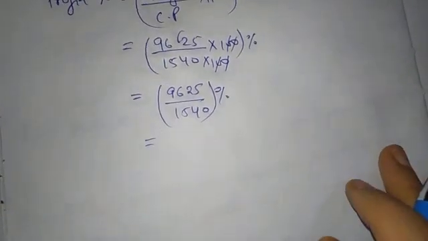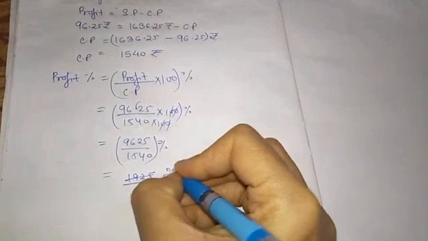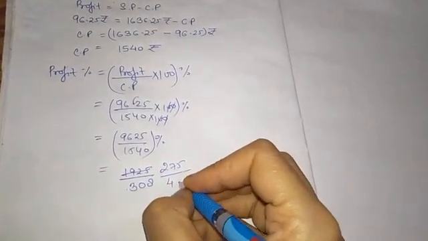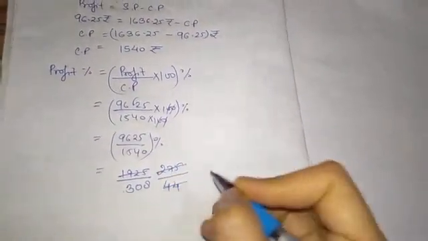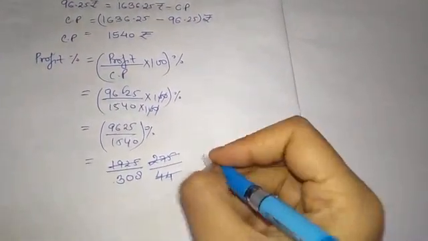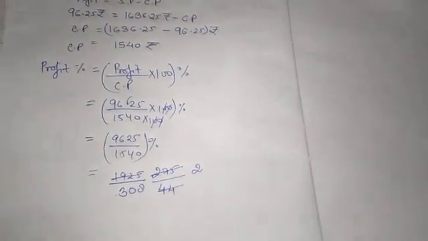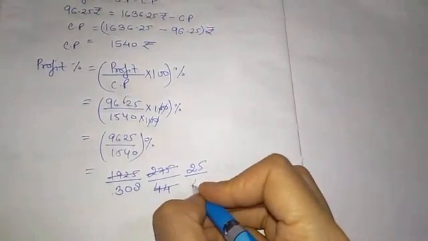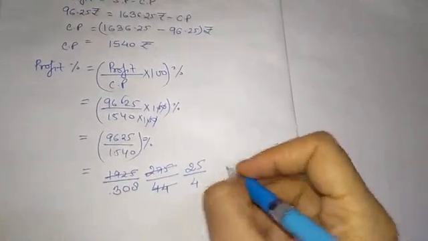Try to divide these two. Now dividing this by 7, I'll get 275. 7 4s are 28, 7 4s are 28. Okay, now again dividing this by 11. 11 2s are 22, 11 5s are 55, and 11 4s are 44.